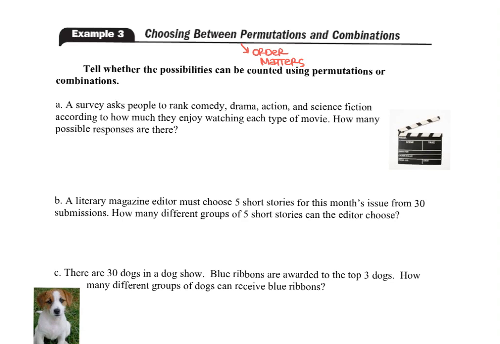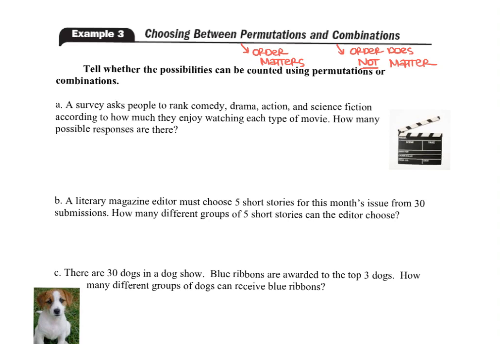A combination is a problem where the order does not matter. In the problems that you just did, number 3 and number 6 would be combinations. The order does not matter. Number 3 was talking about groups of songs.